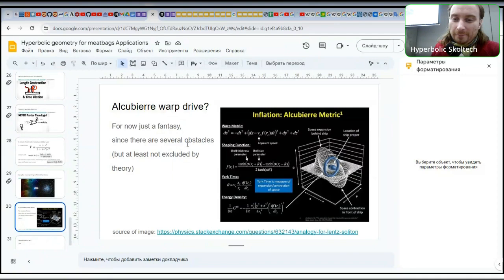It doesn't contradict any physical theory for now. We just don't have enough experiments for what we can do, because this is somewhat like curving space around us. This is possible in general relativity theory.